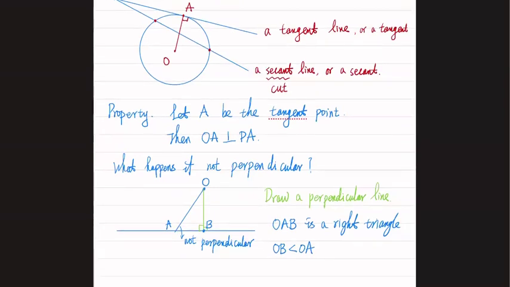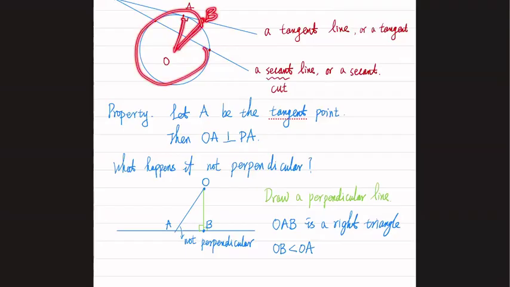Now we can go back to the previous picture. If this is not perpendicular, we could draw a perpendicular line, with OB less than OA. However, B is outside of the circle.